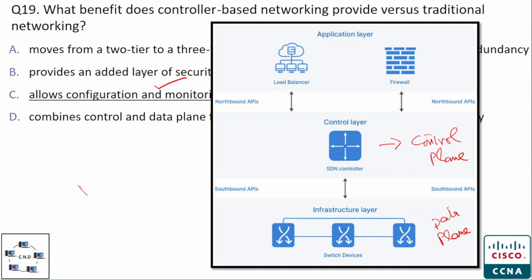It means that if you have a switch, both the control plane and data plane reside on it, while in SDN, or controller-based networking, the control plane is separated from the data plane and they reside on different devices. So using the controller-based networking, you can manage and configure the devices from a centralized controller. That is the main benefit.